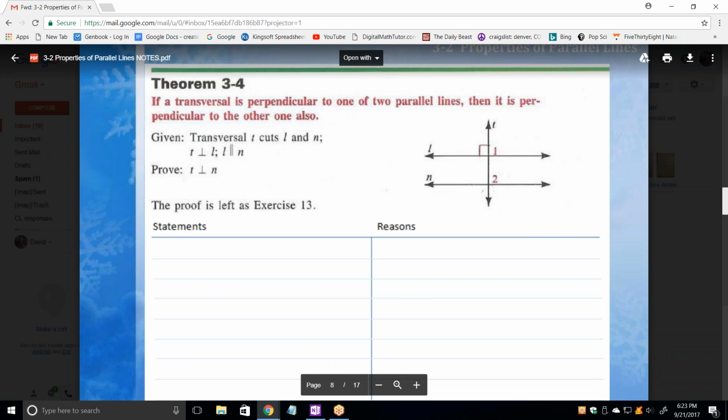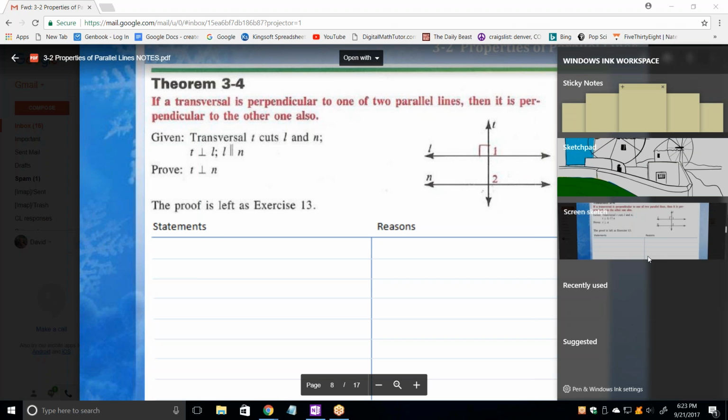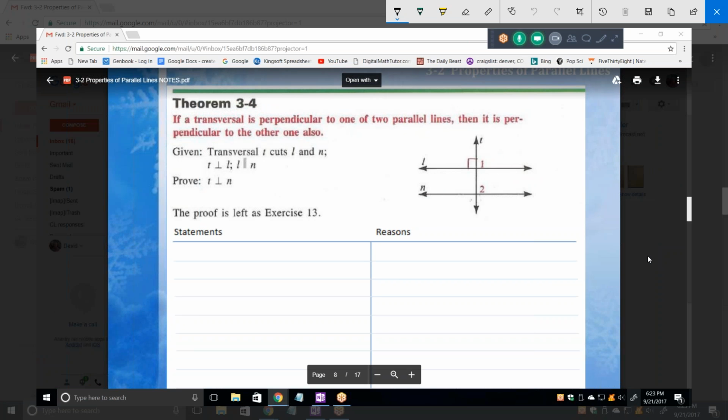All right, let's tackle this one. All right. Hold on. I know you know how to do this part, so I will just save time and do it.